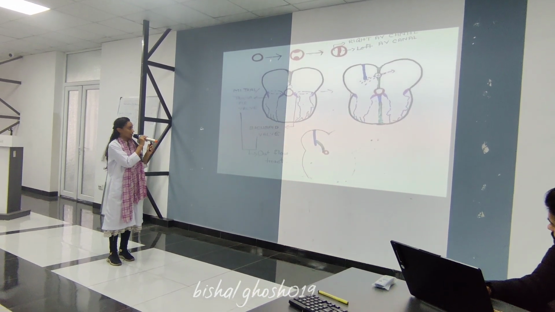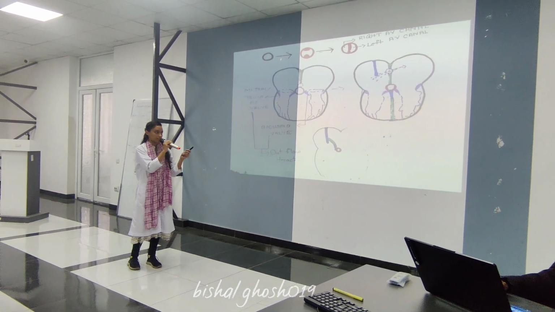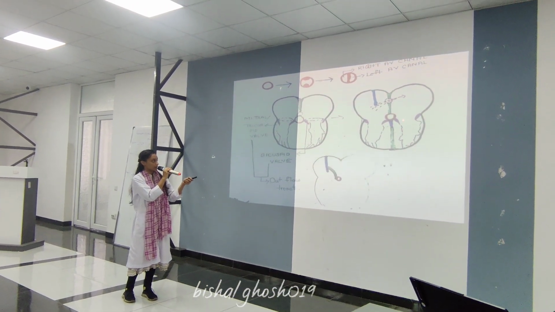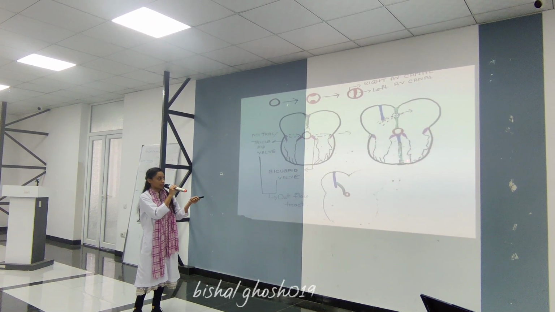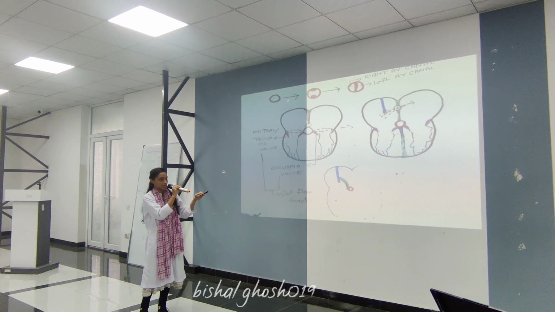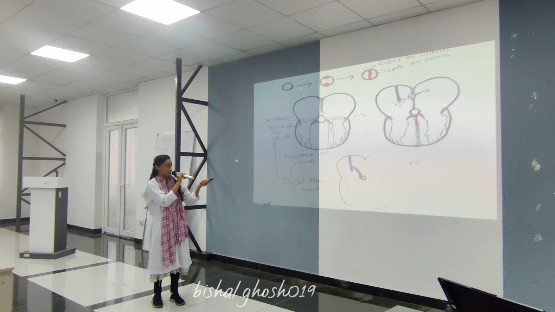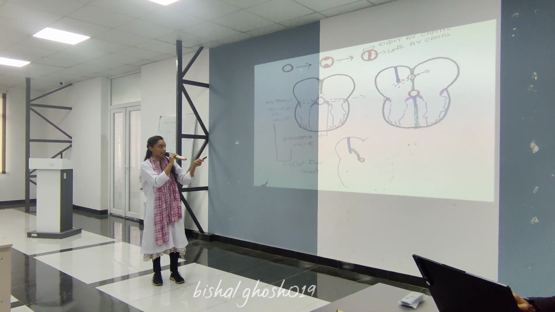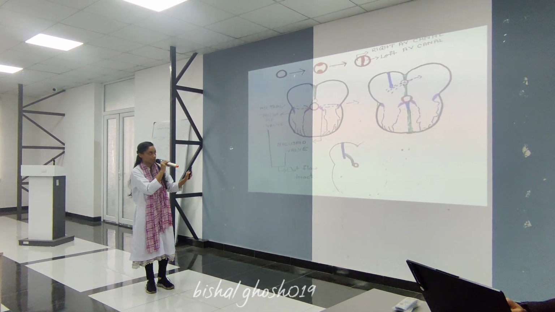Then we will come and know about the interventricular septum. From the lower part of this heart, a muscular portion arises to meet septum intermedium. Then septum intermedium releases muscles. This muscular portion and membranous portion meet together and divide our ventricle into two parts.